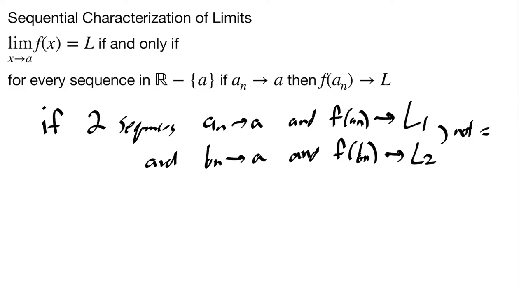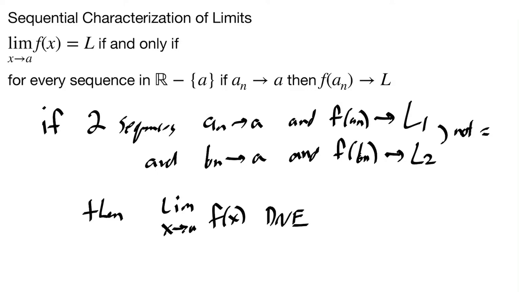Well, if we can find two sequences that go to different limit values, then it must be the case that the limit does not exist, because we can't possibly have those two limit values come together.